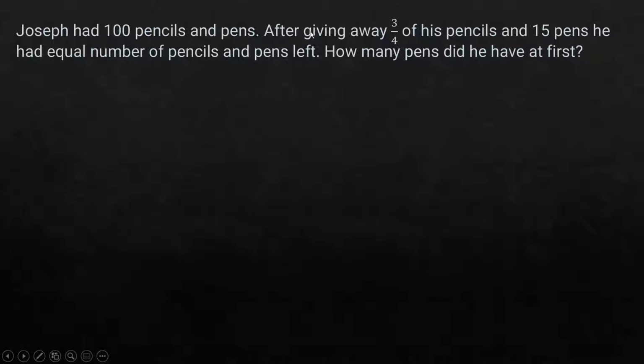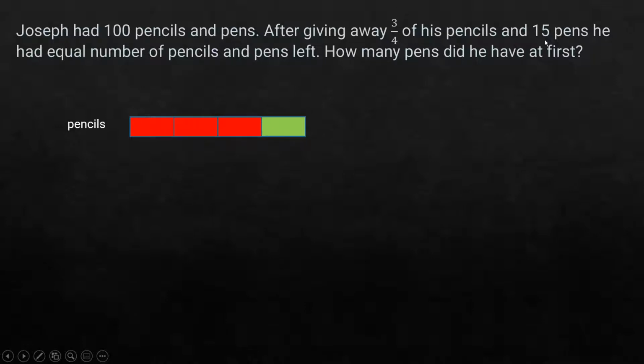So let's start with this giving away portion. Let's say pencils. He had some pencils. So what he did was he divided his pencils into 4 groups and he gave away 3 of them. So now he's left with only one group of the pencils.